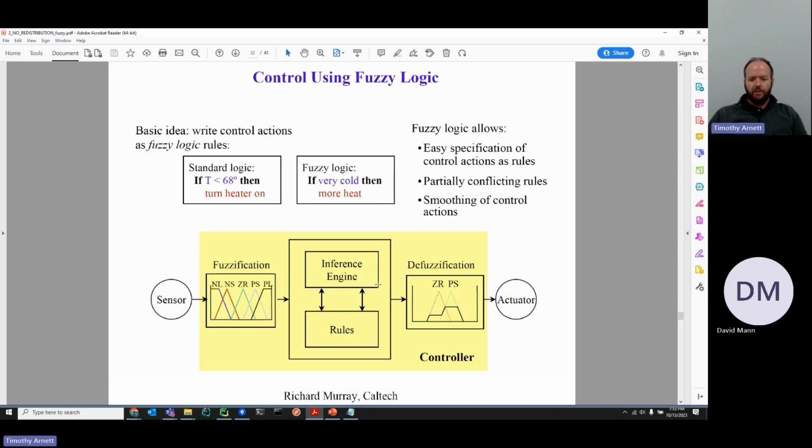We can then pass that to our inference engine, which has rules that say, well, if you're in this set, then I want you to perform this action on the output side, which means you belong in this output set. You then aggregate all of the active rules with their associated output membership functions, and you create an overall aggregate output action, and you then resolve that into a final value that then gets sent to your actuation.